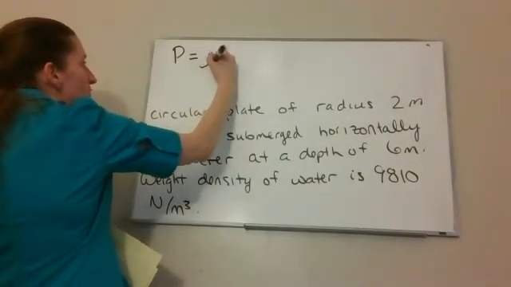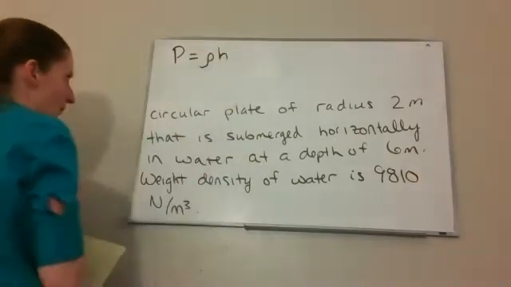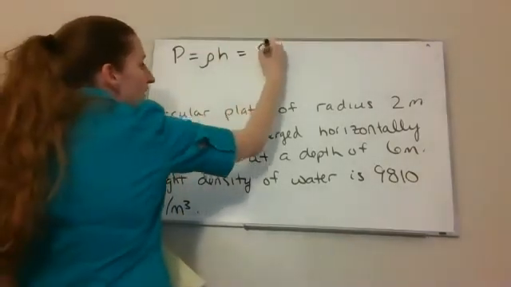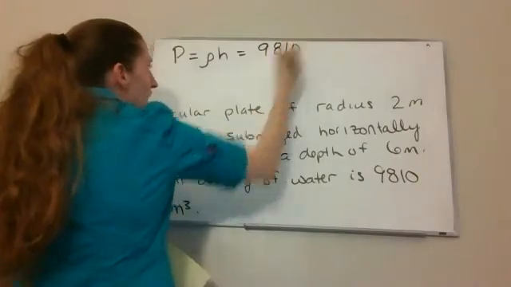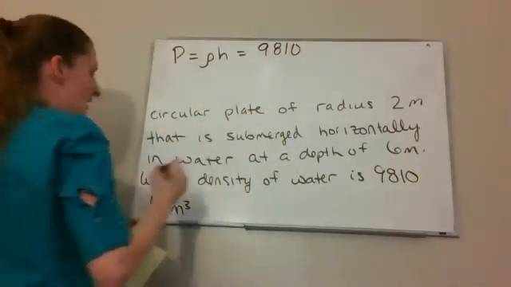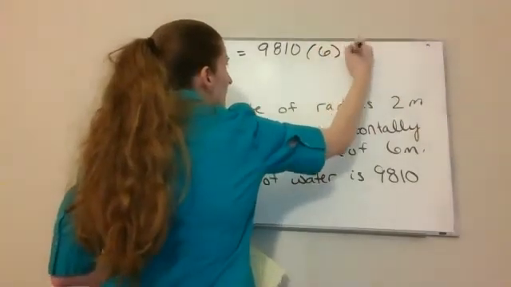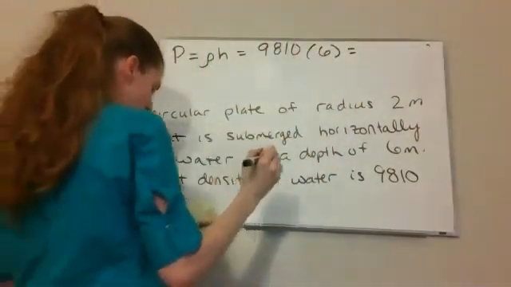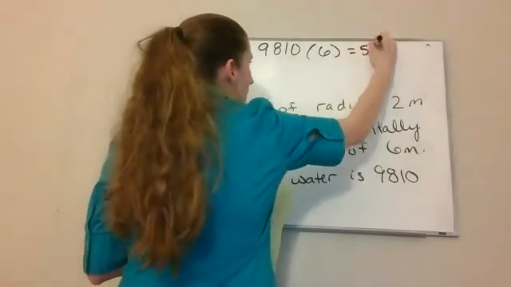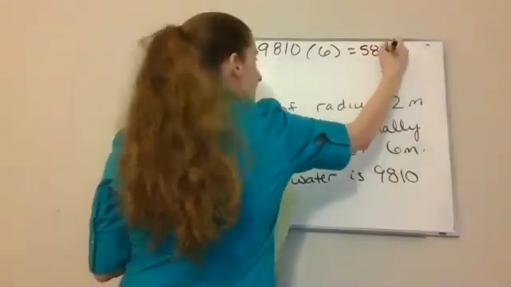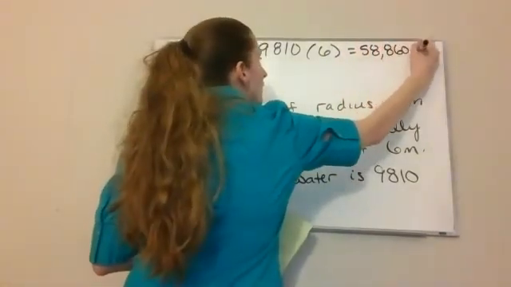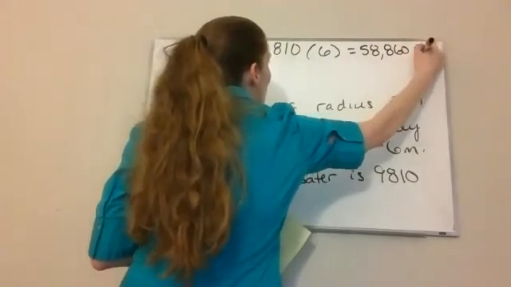Pressure is equal to the weight density times that depth. My weight density is 9,810, and my depth was 6 meters. So all I have to do is multiply those together and get 58,860 pascals for my pressure.